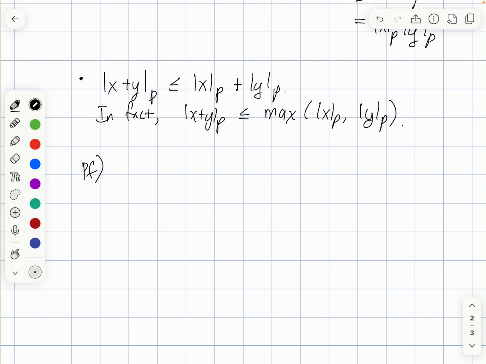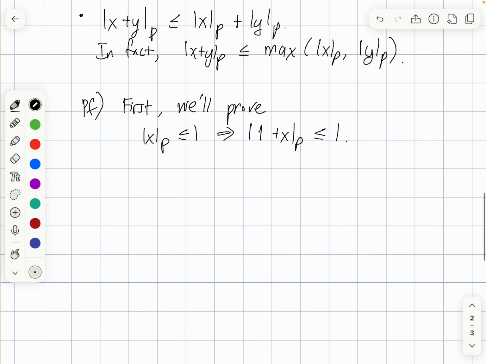All right, the proof of this one is less easy to see, so we'll prove a lemma first. We'll prove that if the p-adic absolute value of x is less than or equal to 1, then the p-adic absolute value of 1 plus x is less than or equal to 1. Why is this true? Well, first of all, if x is 0, it's clear.